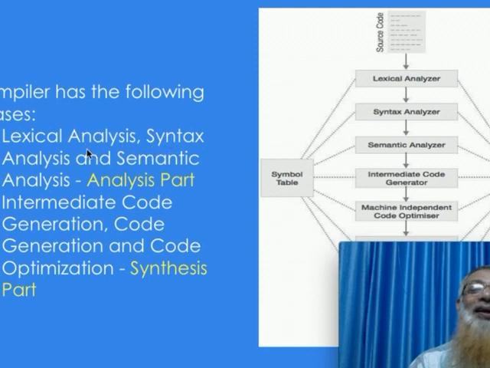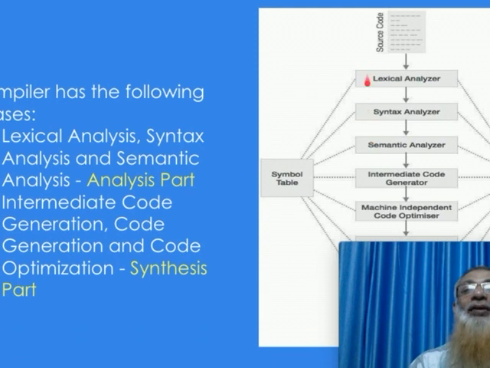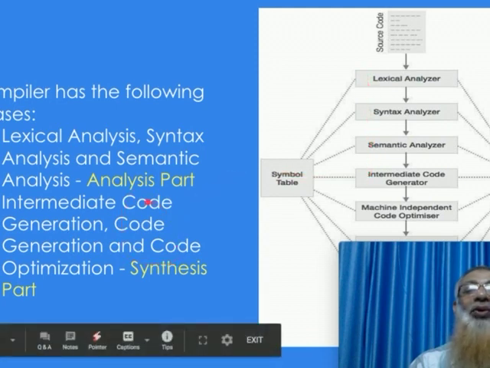Three analyzers comprise the analysis part. In the synthesis part, we have intermediate code generation and code optimization modules. This is how things go. And this portion is called the front end of the compiler, and the later parts are called the back end of the compiler. That also we have seen earlier.